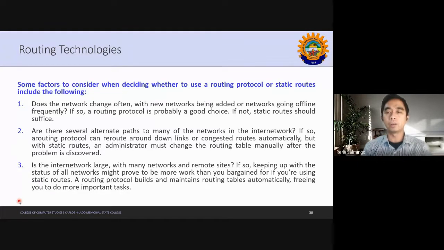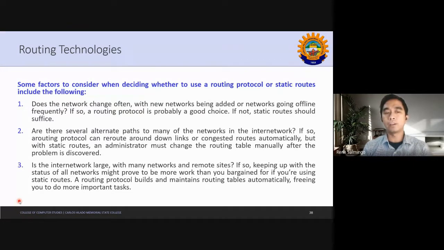If not, static routes should be enough. The second question is, are there several alternate paths to many of the networks in the internetwork? If yes, a routing protocol can reroute around down links or congested routes automatically. But with static routes, an administrator must change the routing table manually after the problem is discovered.